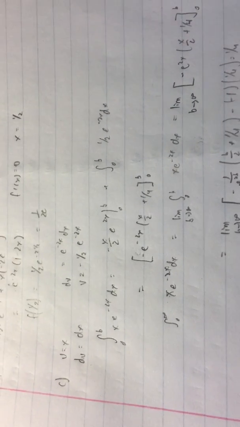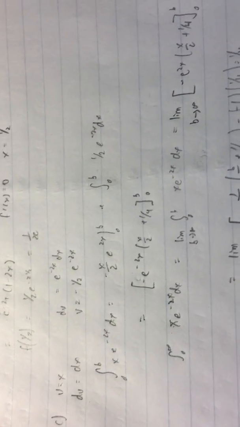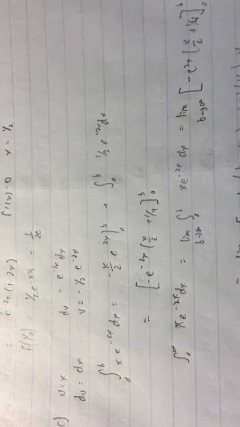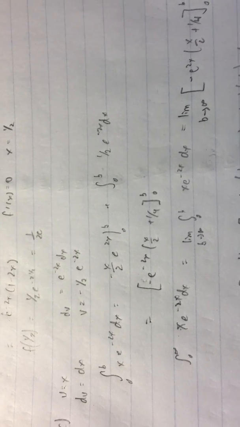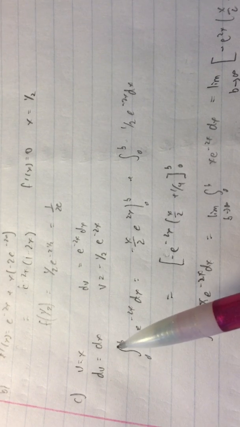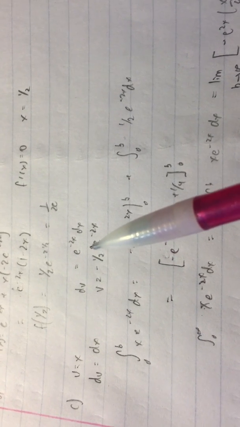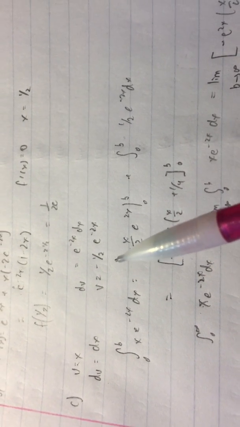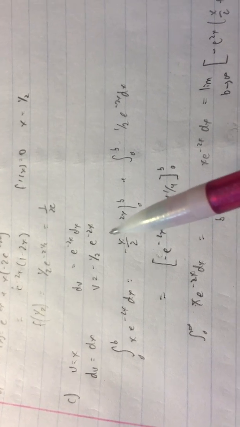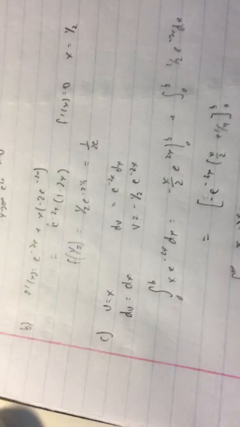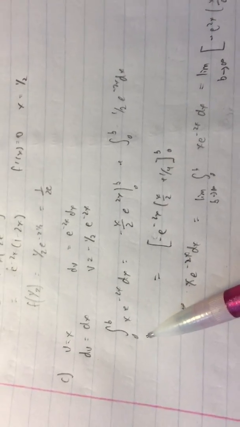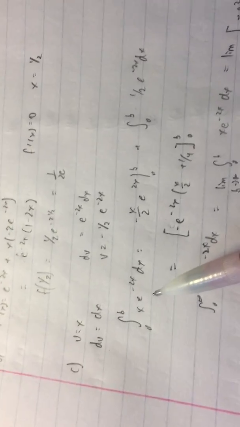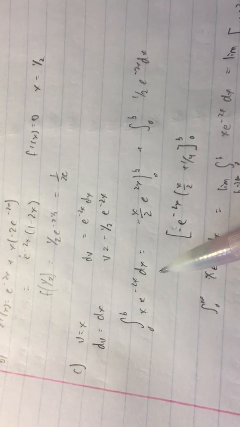For part C, it tells you to evaluate the integral from 0 to infinity of f(x) dx. So u equals x, du equals dx, dv equals e to the negative 2x, v equals negative 1/2 e to the negative 2x. So first, you get the integral from 0 to b of x e to the negative 2x dx.